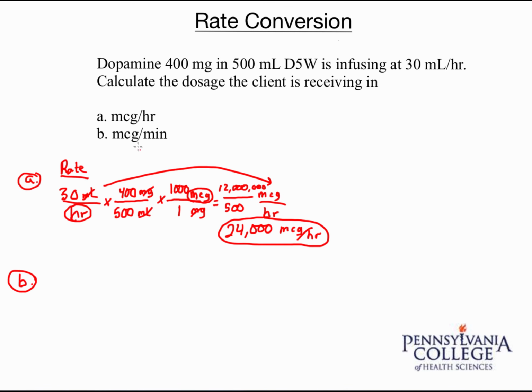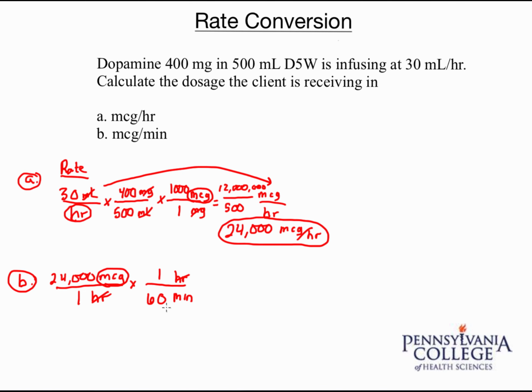Part B says, well, how many micrograms is that every minute? Well, if I know they're receiving 24,000 micrograms every 1 hour, I can convert hours into minutes, and that can be done pretty quickly. Using a dimensional analysis approach, I can cancel out hours, knowing that 1 hour is equivalent to 60 minutes.